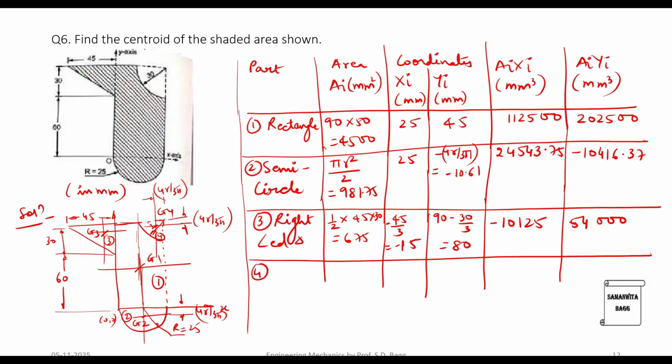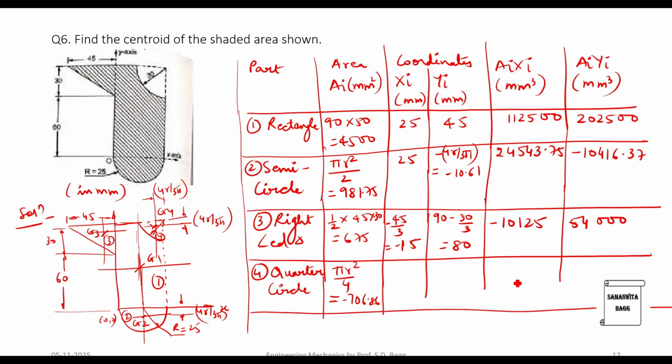Then we have the fourth shape, which is the quarter circle. Area is pi r square by 4. Radius was 30. So when you substitute, please don't forget the minus sign, because this is what we have to remove. So you get minus 706.86. Then we have xi for the quarter circle. This gap is 4r by 3 pi. This total distance is 50.